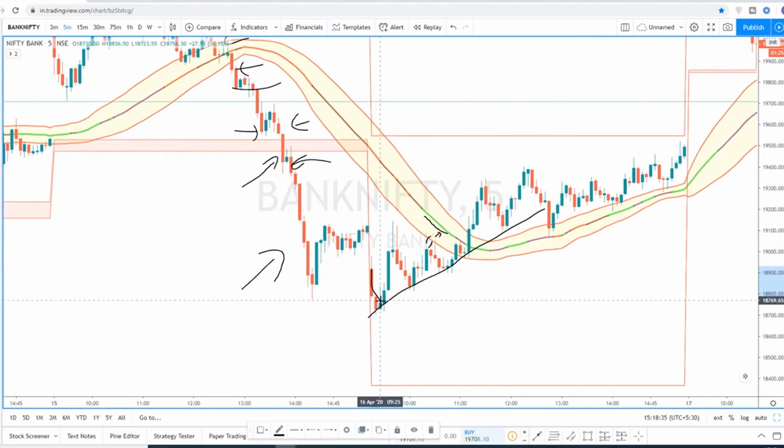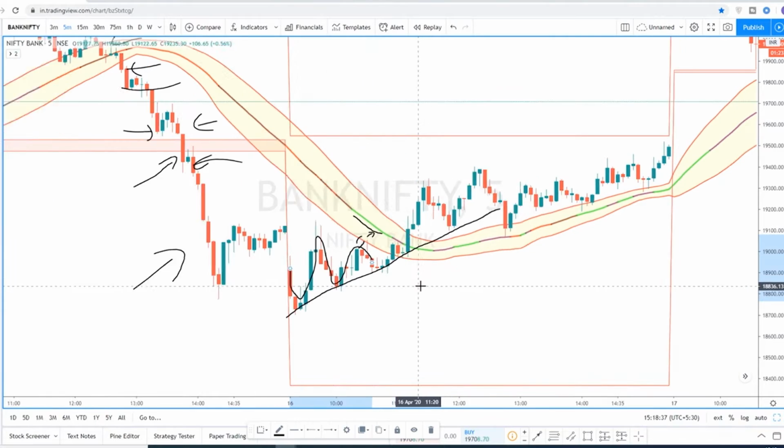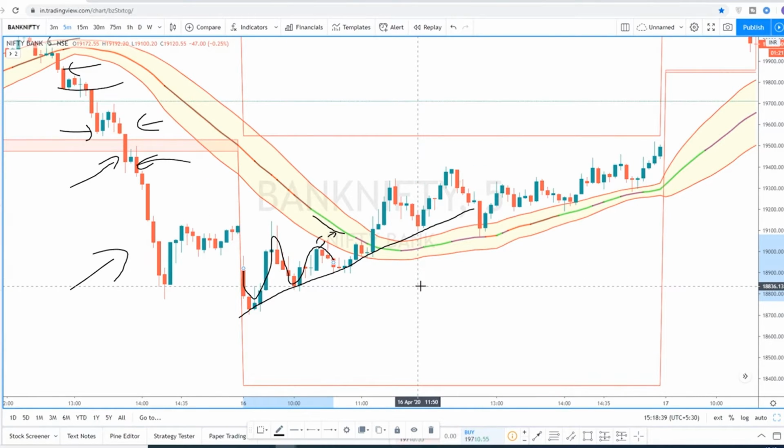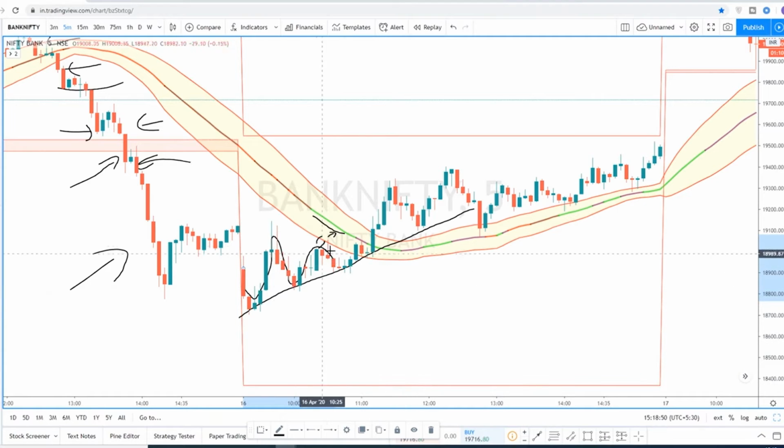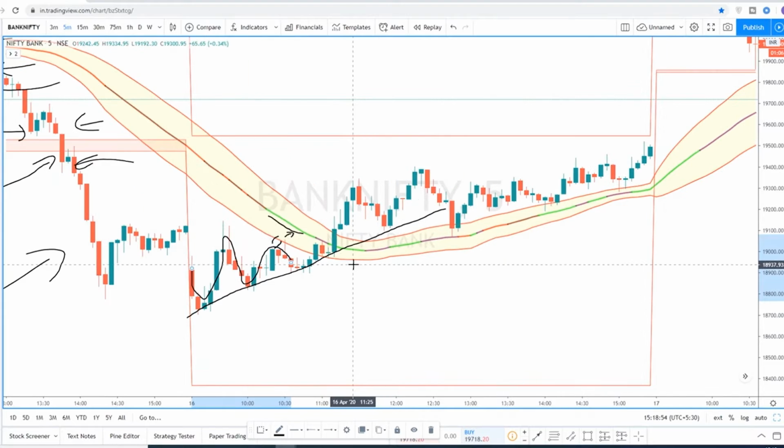Right from the morning it has been trending. So here I'm not only using the indicators, I'm also considering other price action and basic candlestick patterns and other stuff, and that is why I'm making a judgment here. So right after the breakout of the bands I would consider to go long.